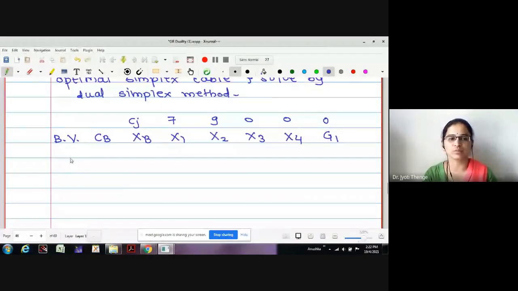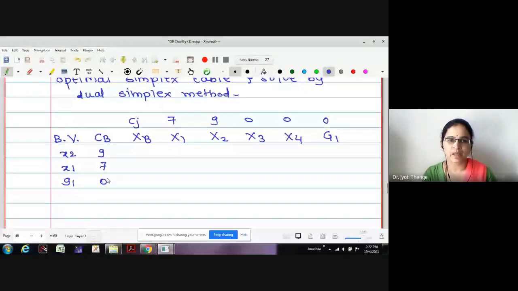Now, which are the basic variables? X2, X1, and now this added G1, because we are going to use this as the last row of the previous table. What are the entries for CB? Is it 9, 7, 0? Because there is no role of G1 in the objective function, the cost of G1 is 0.